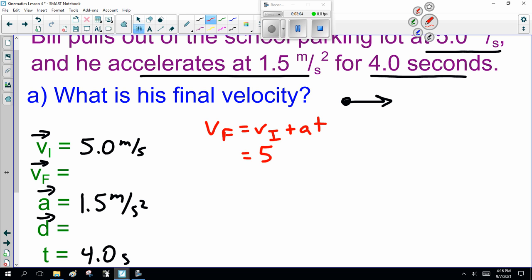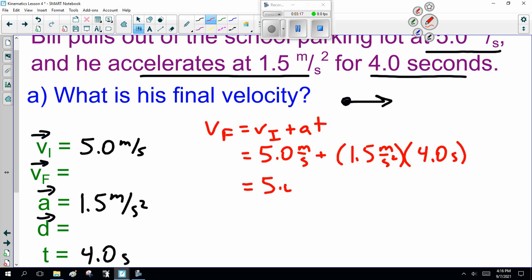So this is 5.0 meters per second, and his acceleration is 1.5 meters per second squared for 4.0 seconds. 1.5 times 4 is 6.0 meters per second. So his final velocity should be 11 meters a second. 1.5 times 4 is 6, 6 plus 5 is 11. Yes.